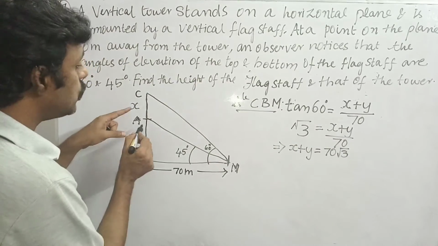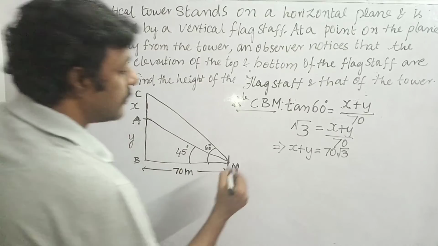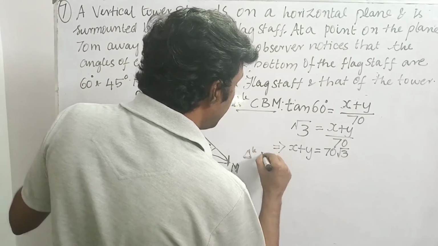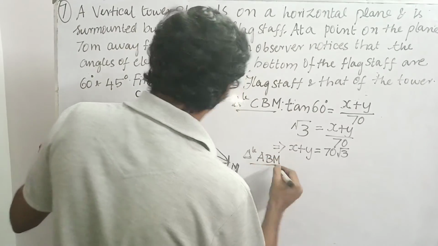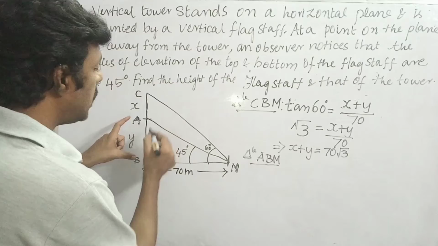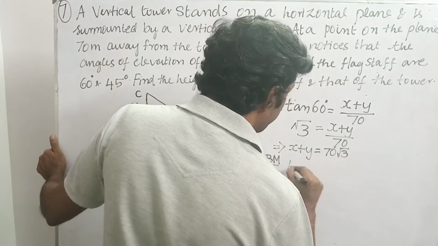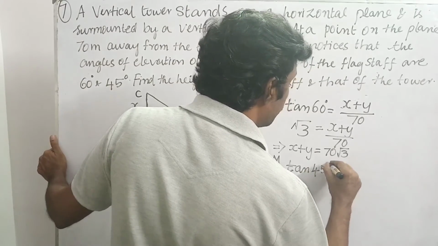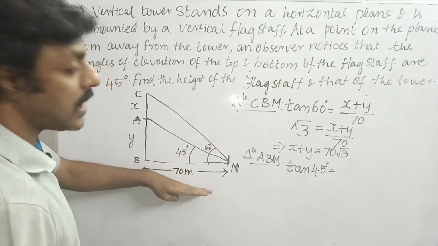Similarly, again, you need to consider this triangle ABM. If you consider this triangle ABM, tan of 45 degree is equal to opposite side by adjacent side.